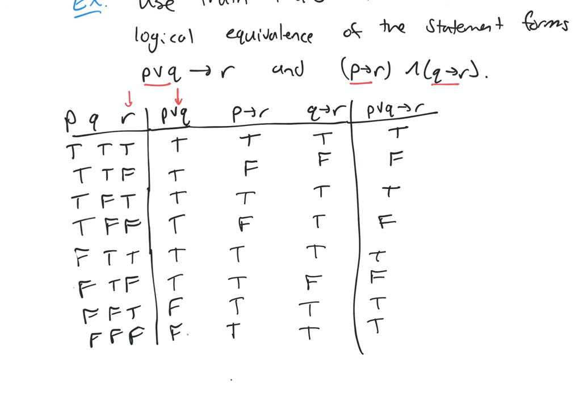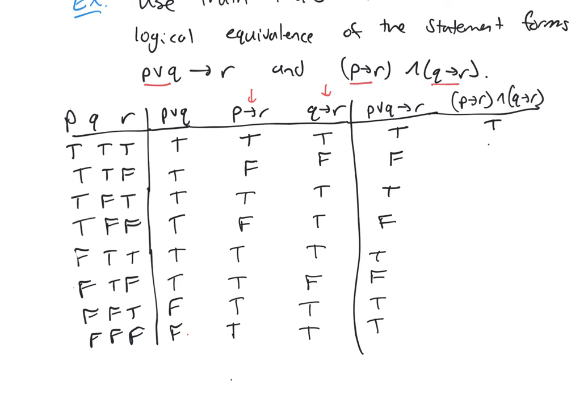Now our remaining statement form is going to be if P then R and if Q then R. So we're going to look at these two columns, the two conditional statement columns, and put an and between them. So they both have to be true.